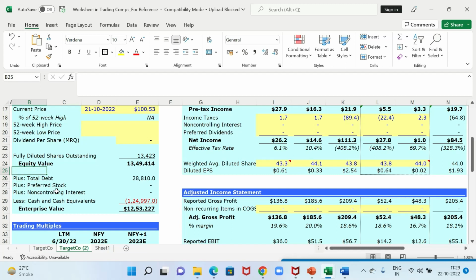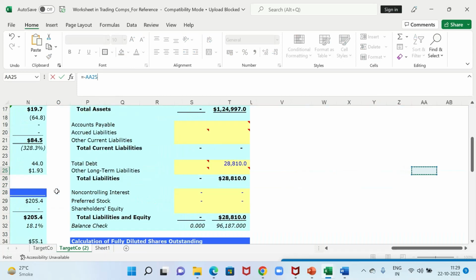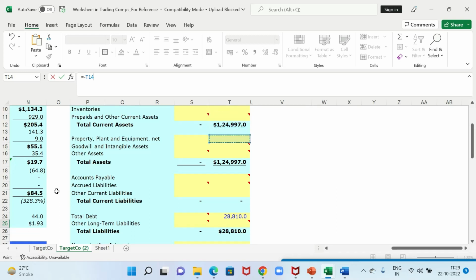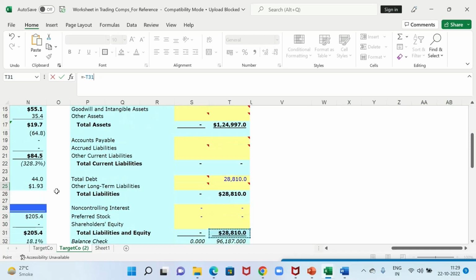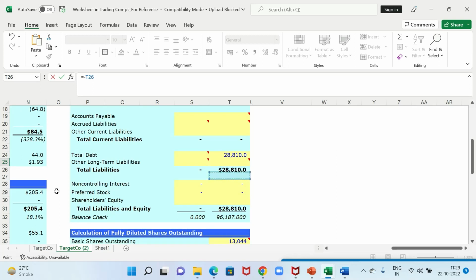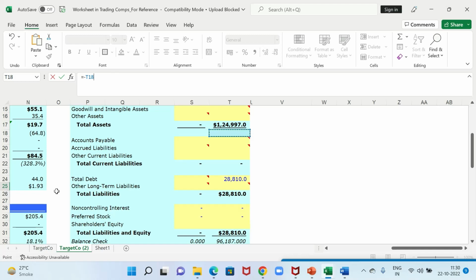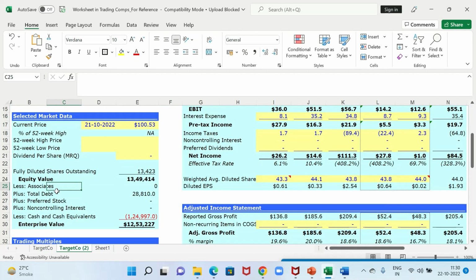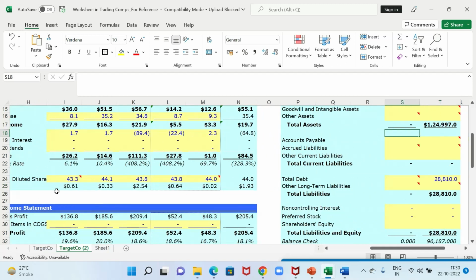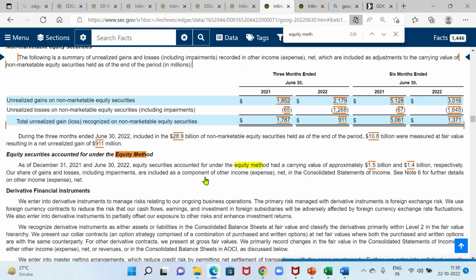Yes, sir. So let me add one more thing. एसोसिएट्स, इसको मैं लिंक करता हूँ इक्वल टू माइनस का साइन और I'll add it, show it somewhere. मैं टोटल एसेट्स के नीचे एक बार रफली इसकी प्लेसमेंट नहीं हुई, तो आई एम जस्ट एडिंग इट एज अ प्लेसमेंट. 1.4 billion, right?